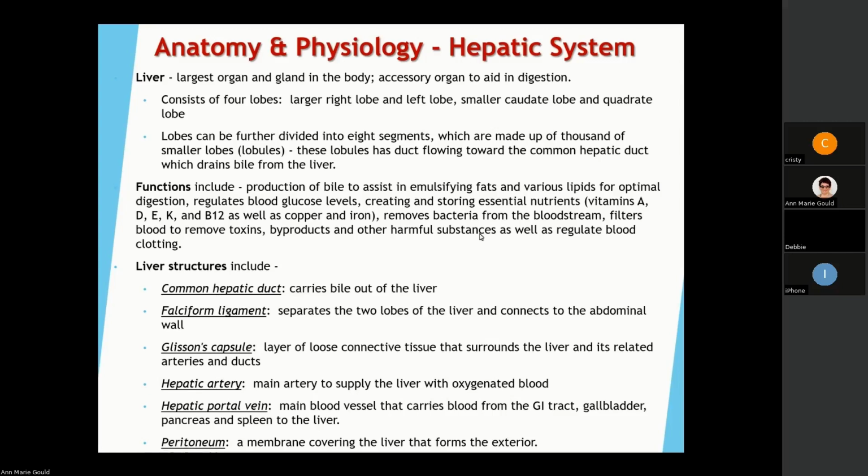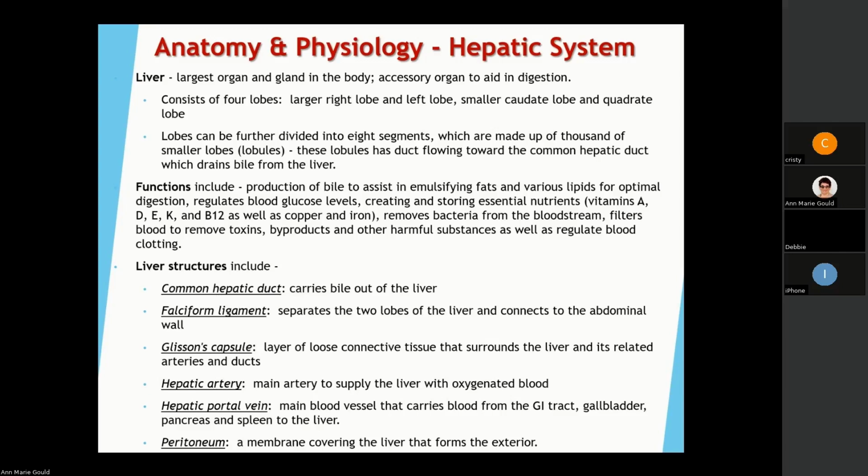Lobes can be further divided into 8 segments, which are made up of thousands of smaller lobes, or your lobules, right? And these lobules have ducts flowing toward the common hepatic duct, which drains bile from the liver. So with the big, larger lobes, they have the lobules, and the lobules are the ones that drain the bile from the liver with the common hepatic duct.